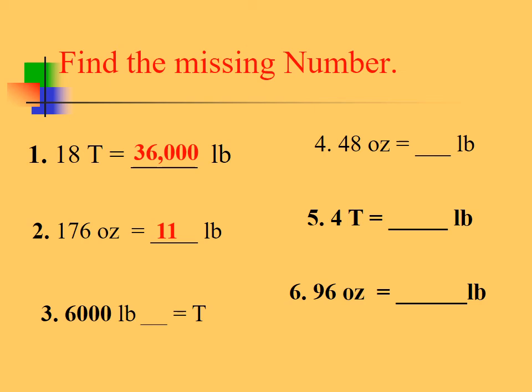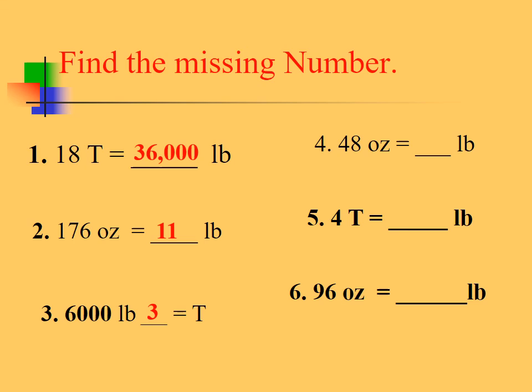Number three, we have 6,000 pounds equals blank tons. Pounds is smaller than tons, so we're going from smaller to larger, which means that we have to divide. Okay. So therefore, our answer will be 3.